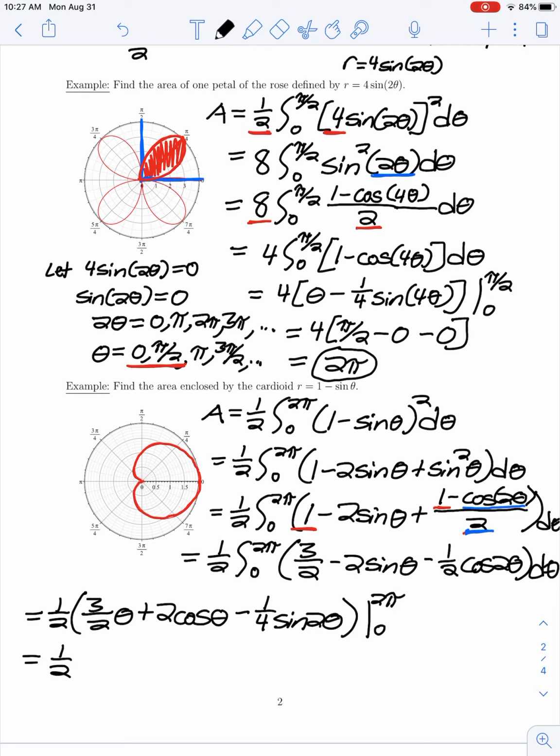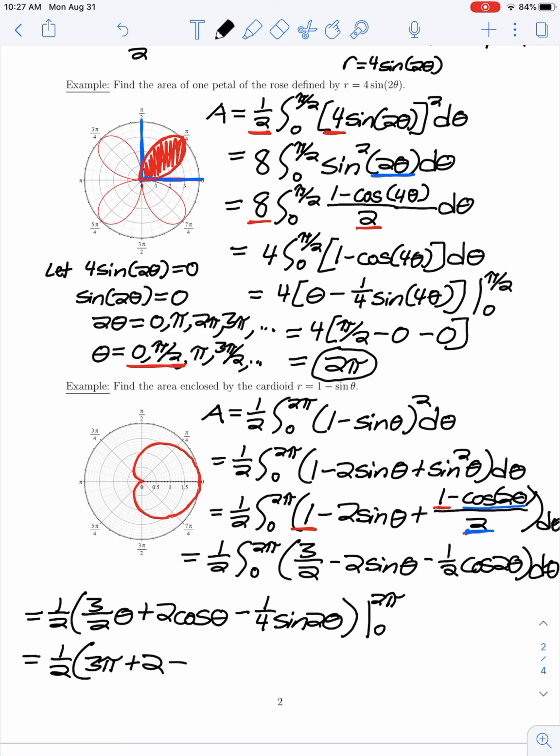So we have our constant 1/2 out in front, and when we evaluate at theta equals 2 pi, we will have 3 pi plus 2 times cosine of 2 pi, which is 1, so 2 times 1 gives us 2. And then minus 1/4 times sine of 4 pi, which is 0. And then we subtract what we get when we substitute in theta equals 0.